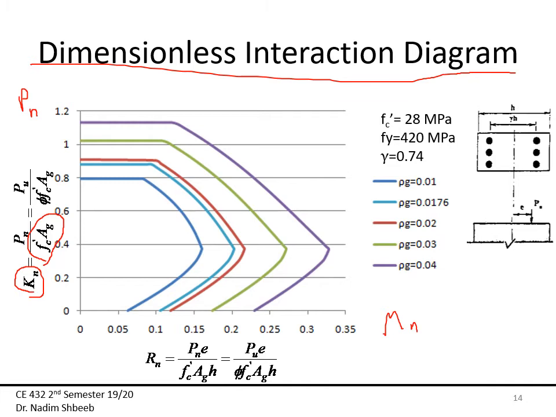But since I'm not dealing with the nominal force, I'm dealing with the ultimate force. Usually we'll have the combination of, like we did before, 1.2 dead plus 1.6 live. So I'm going to use P ultimate and divide that by phi, which is going to be my 0.65.